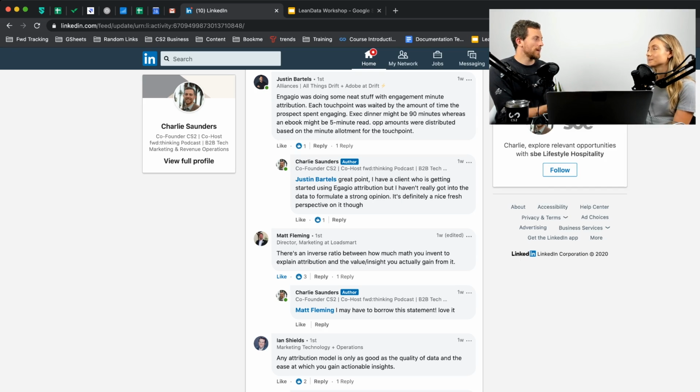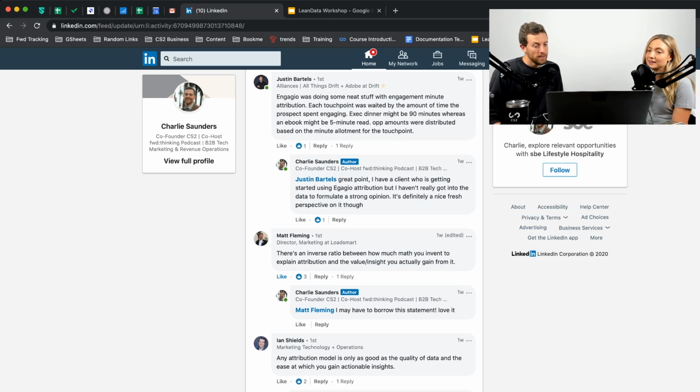Like how long were they ingesting this touch point? For lack of a better term, can you ingest a touch point? But yeah, if you're at a 90-minute thing, there's obviously going to be some nuances there, but that is a step forward in my opinion compared to weighting on just order, for sure.